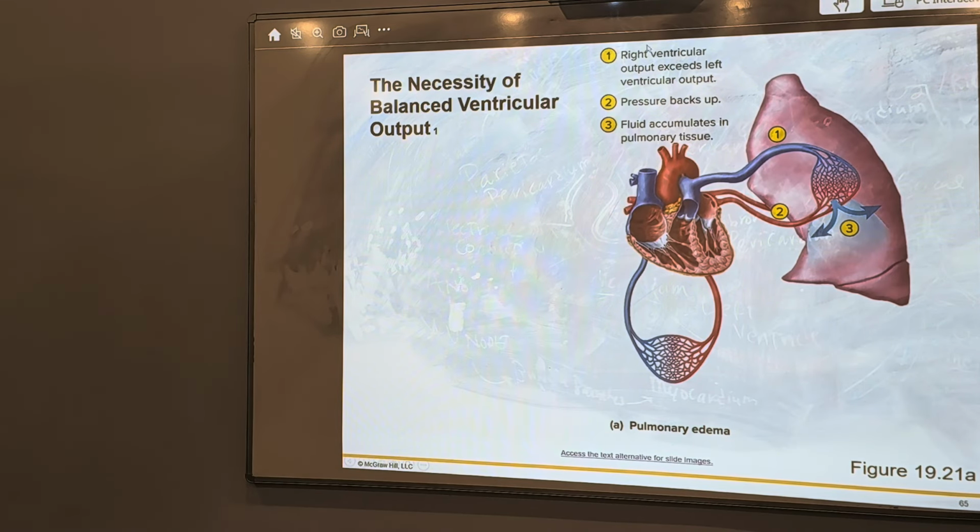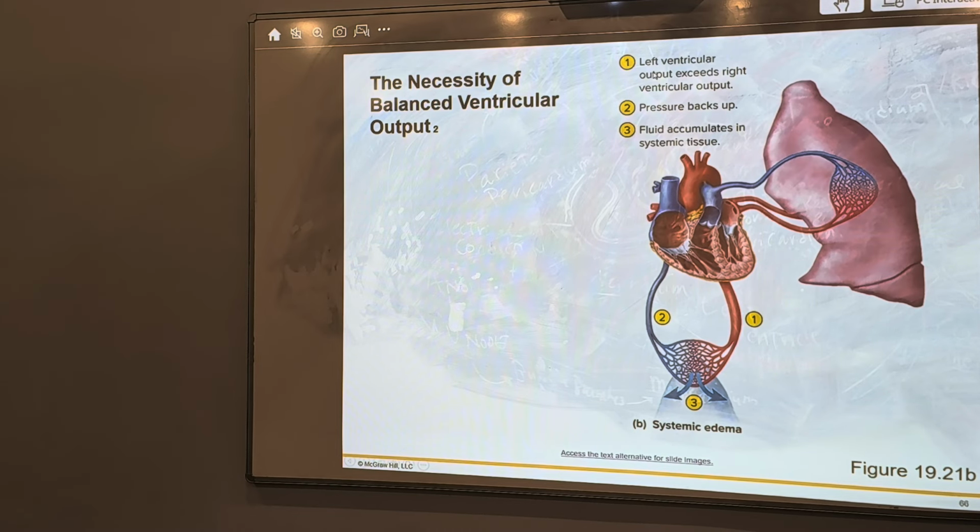You see that the right ventricle output exceeds the left. So here, you need a balanced output. If the right ventricular output exceeds the left ventricular output, the pressure is going to back up and fluid is going to accumulate in the pulmonary tissue.